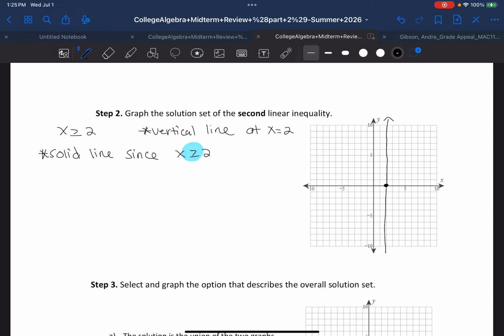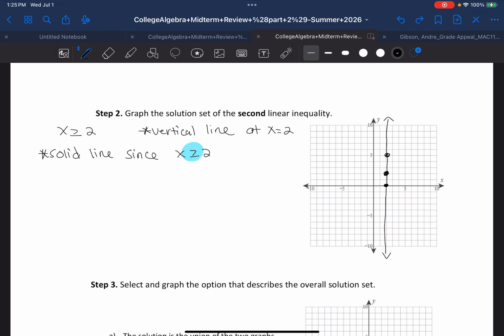The reason why it's a vertical line is because x always has to be 2. All the points on this line have to be equal to 2. And then we determine where to shade. Also if it's just one variable, it's easier because this says x has to be greater than or equal to 2.